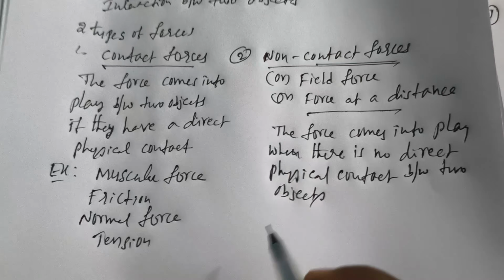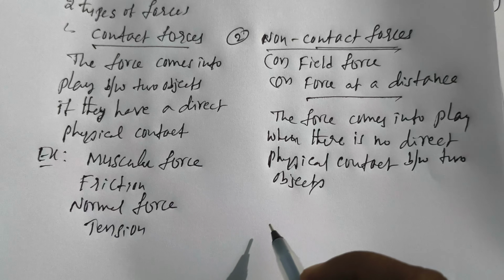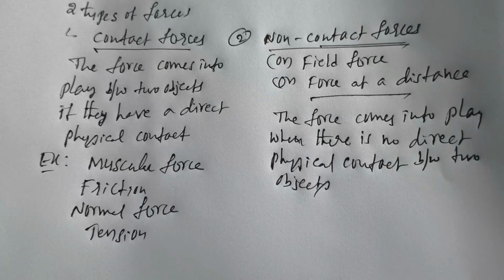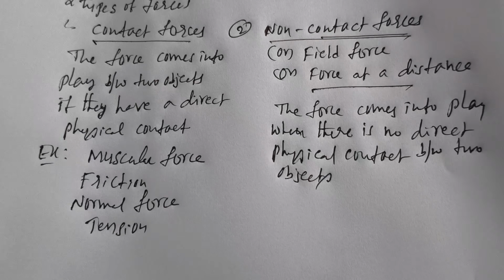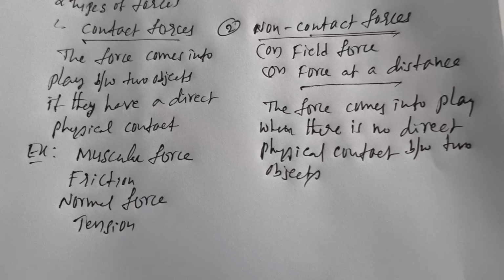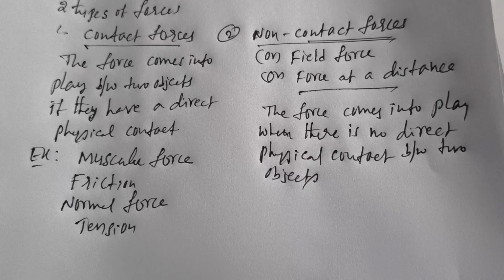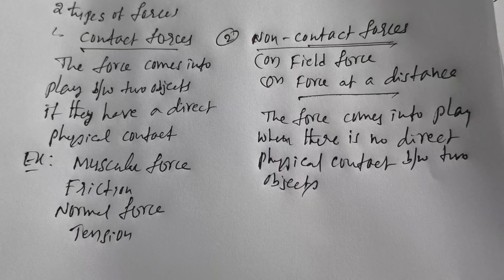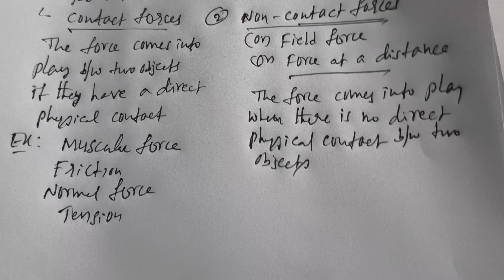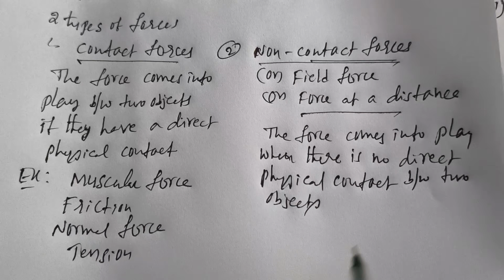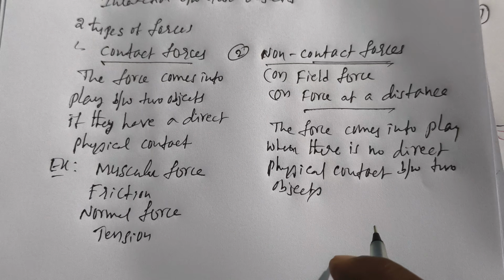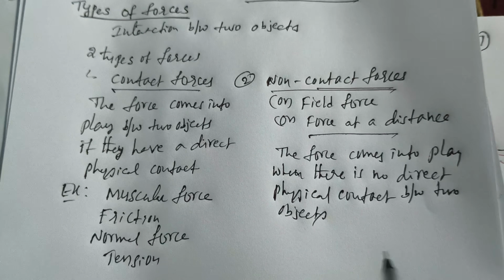For example, when we place a magnetic substance like a piece of iron or an iron nail near a magnet, without contact, a magnet attracts the iron object.